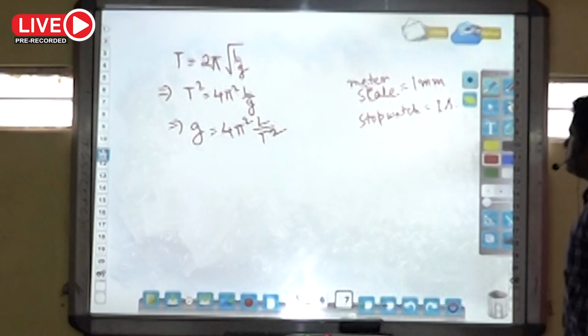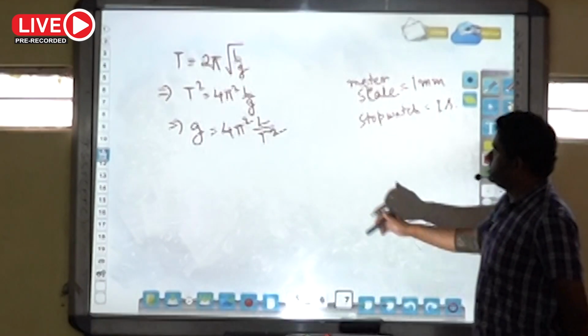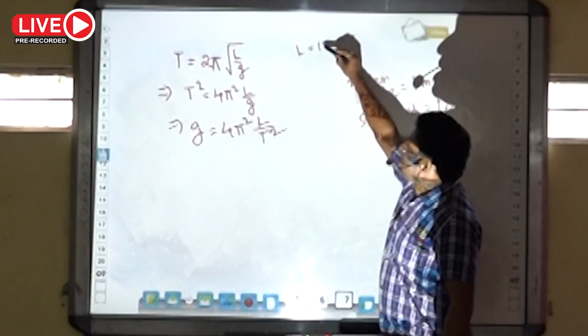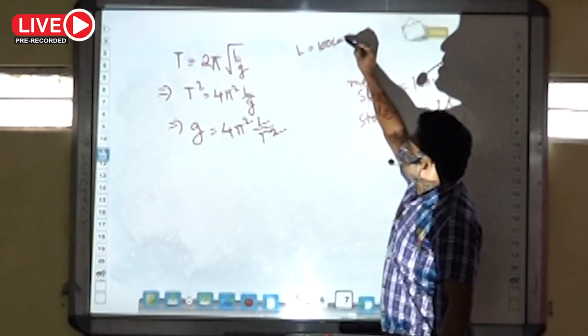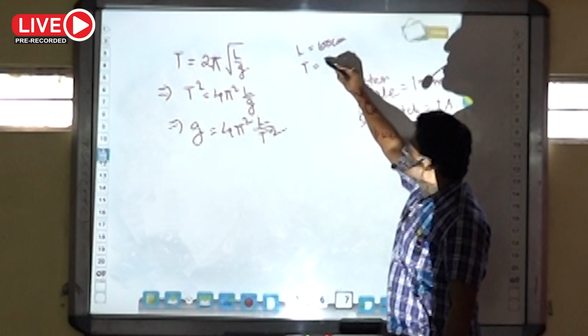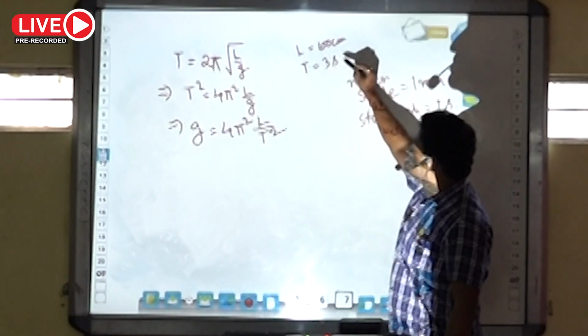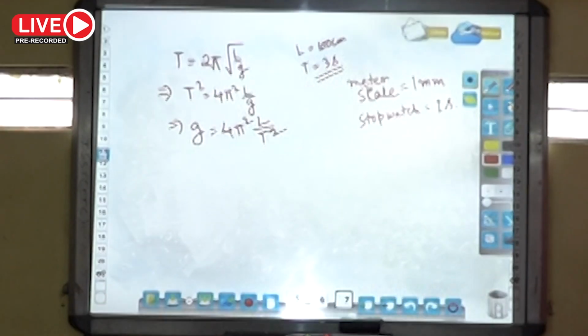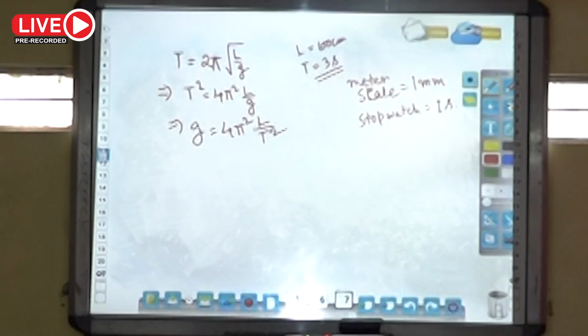Suppose you are doing a measurement by taking L equal to 100 centimeter and the time period is taken as 3 seconds.